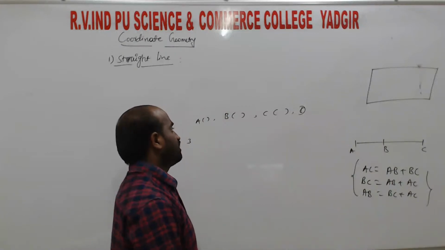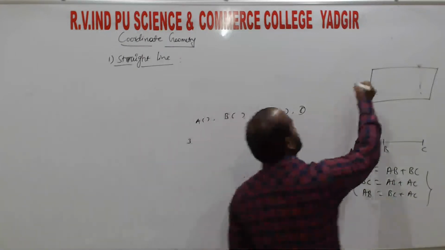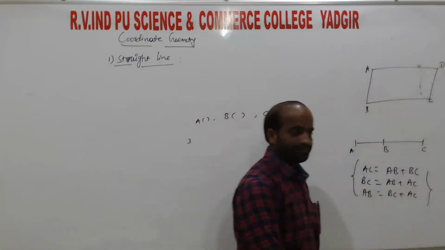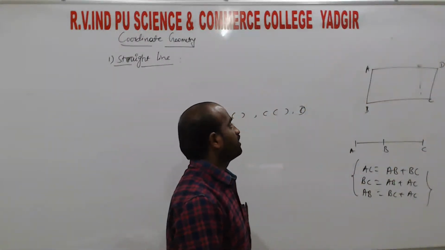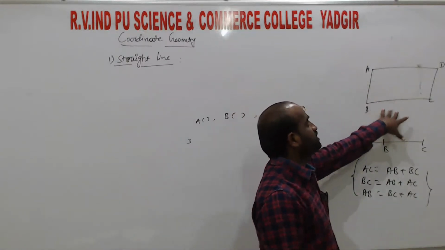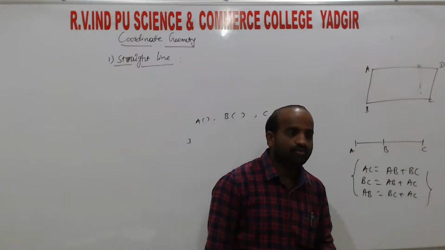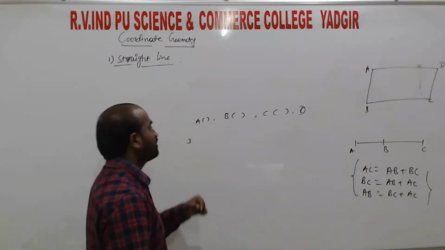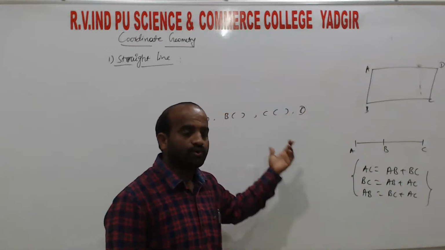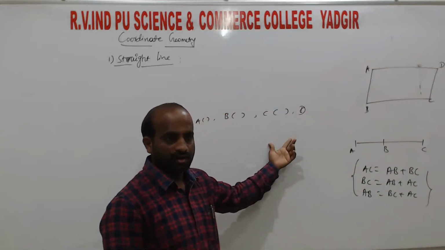Opposite sides are equal, so find all four sides AB, BC, CD, and DA. Now if we get AB equal to CD and BC equal to DA, then the 4 points form a parallelogram.